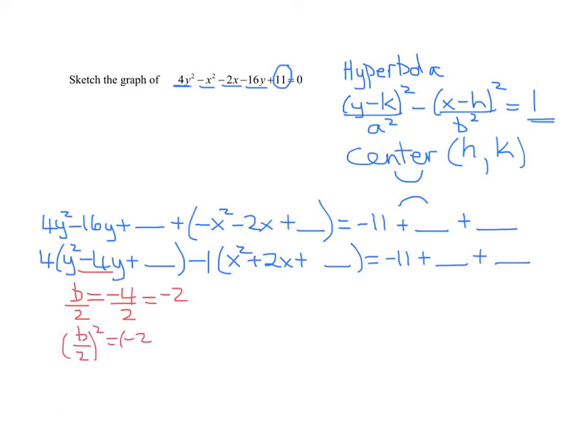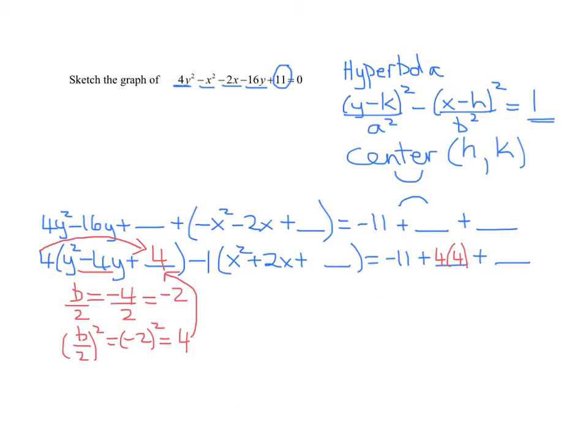So I'm going to get negative 2 squared is 4. So 4 is the number that I'm going to add inside that parentheses. So now be careful. What have I really added to this side? I've added a 4 times 4. So I have to add a 4 times 4, or 16, on the other side too.